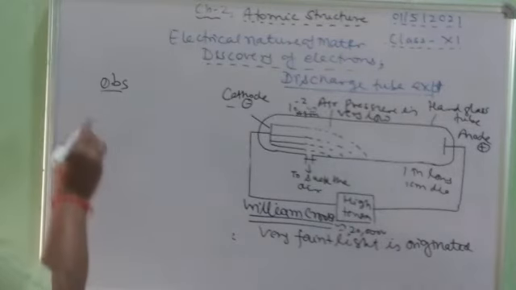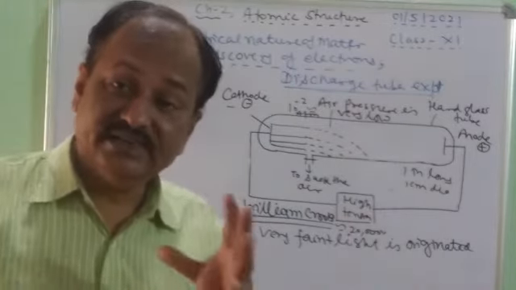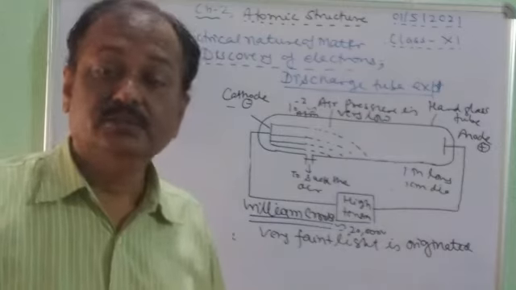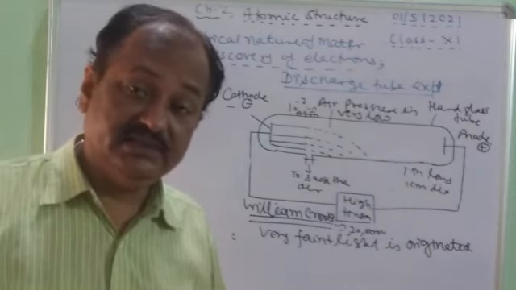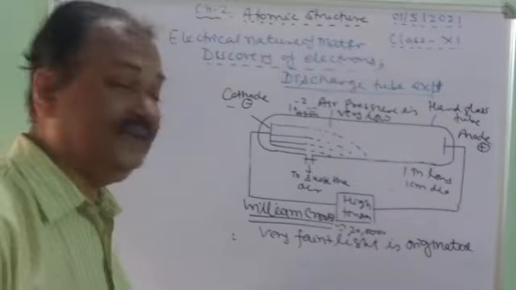Children, next point: when they are allowed to fall on certain heavy metals like molybdenum, tungsten and copper, there is production of X-rays.